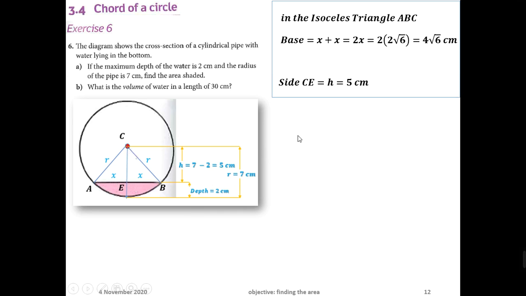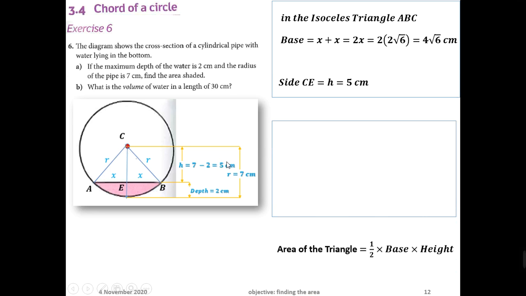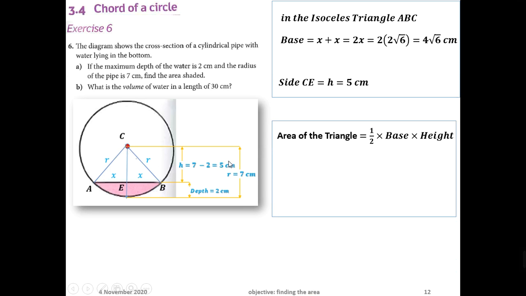Now let's use the formula of finding the area of triangle ACB. And the area of this triangle is half times base times the height. Let's substitute. So we wrote the general formula of finding the area of a triangle. So the base is equal to 4 square root of 6, and we are going to substitute the base with 4 square root of 6 times the vertical height, which is 5.